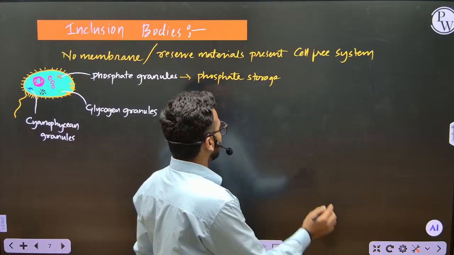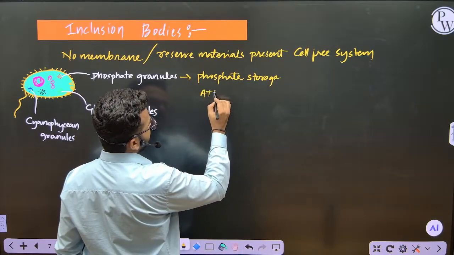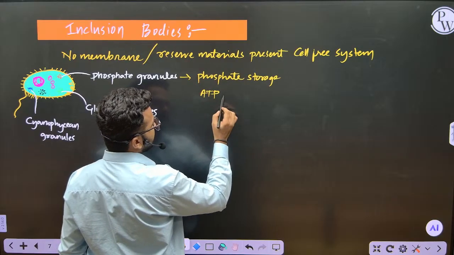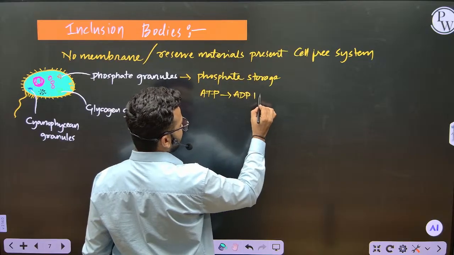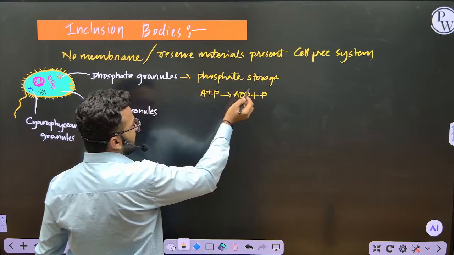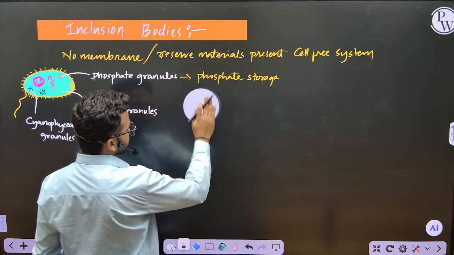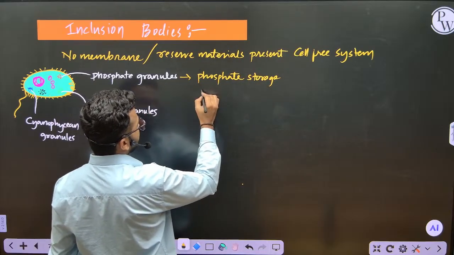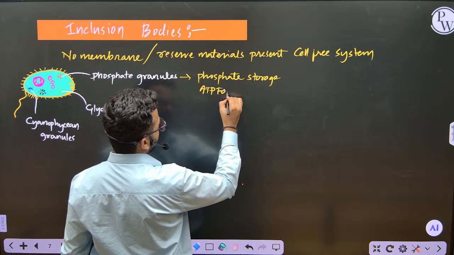ATP is adenosine triphosphate. How is it formed? Adenosine diphosphate plus one phosphate. So it is ATP synthesis. For ATP formation also, these phosphate granules are used.